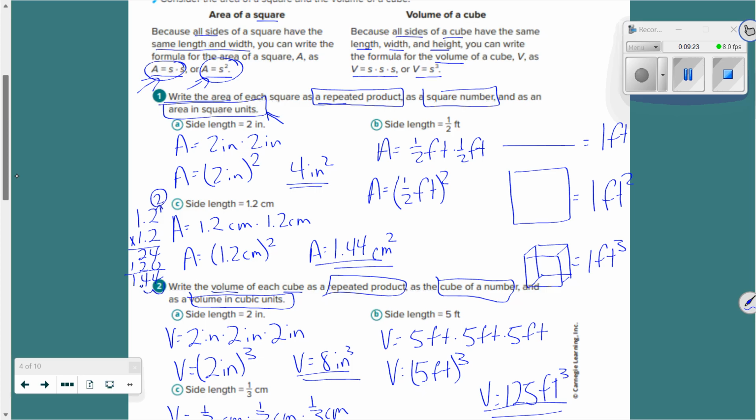That is 1 cubic foot. Do those look the same? No. But they all have 1. So they're all 1. Those are all 1.